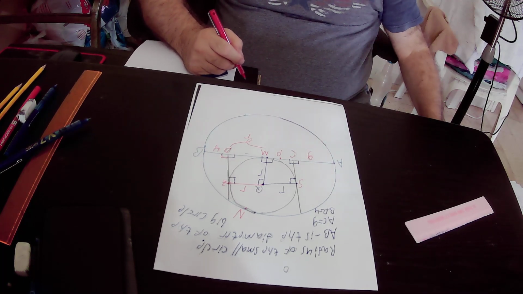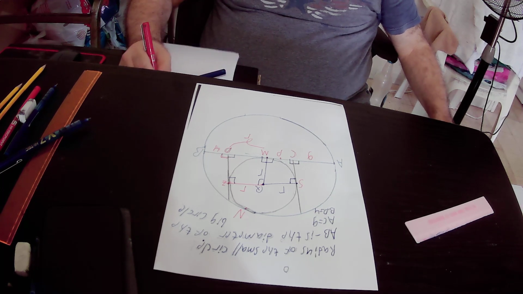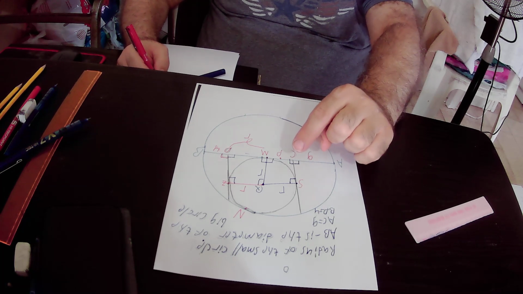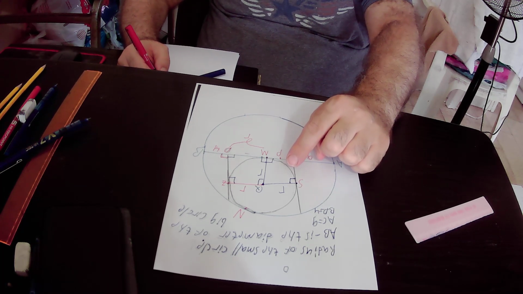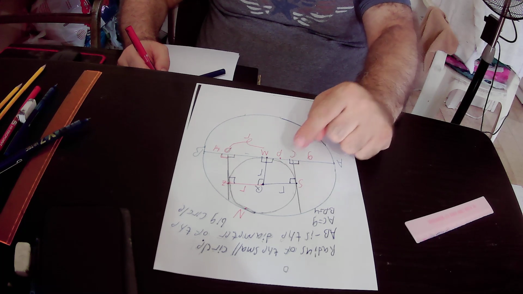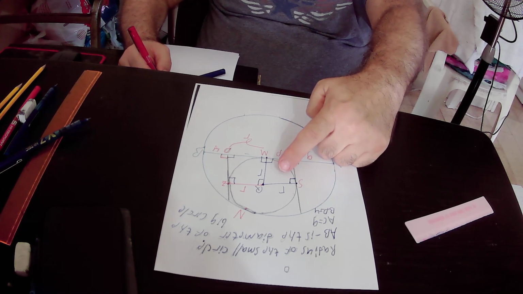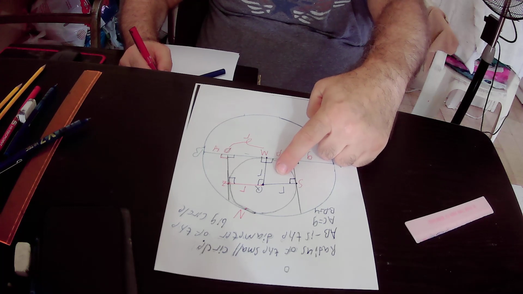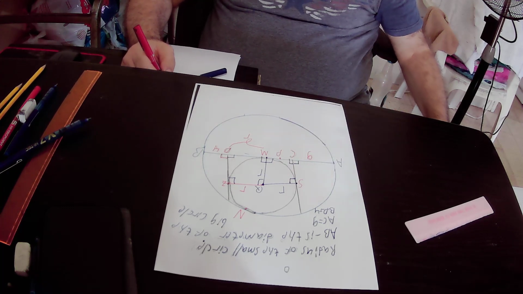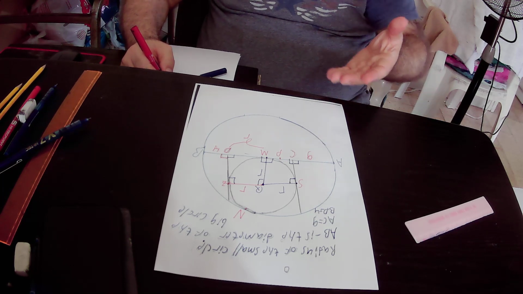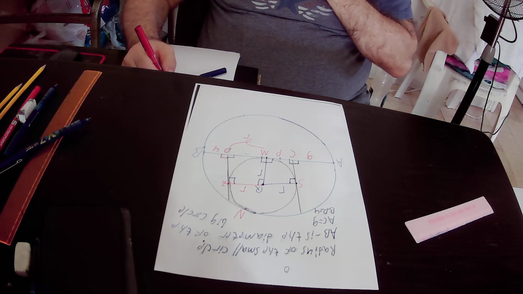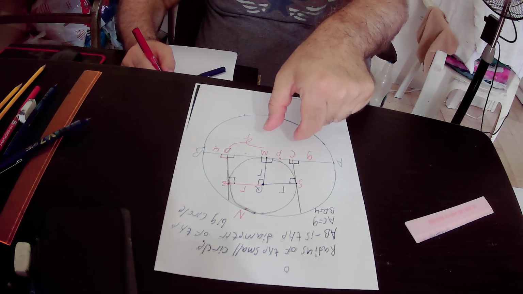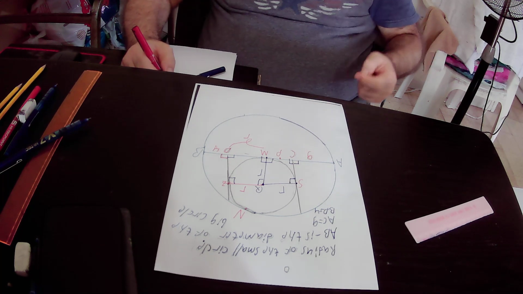Actually we have here the second quadrilateral, SQCM. We will repeat the same process in order to prove that CM equals the radius of the small circle.